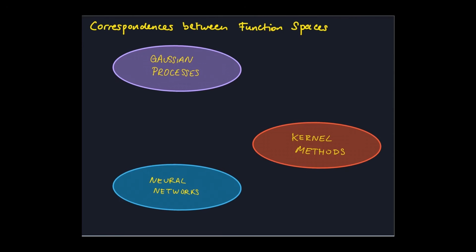The really interesting thing is that there are all these correspondences. There's a way to get a kernel method from a Gaussian process. They're related to each other, and the relation goes both ways. Interestingly, there's also a way to get a Gaussian process from a neural network. There are maybe a couple of ways to do it, but the one we're going to think about is a correspondence where a neural network in a particular limit is equivalent to a Gaussian process.